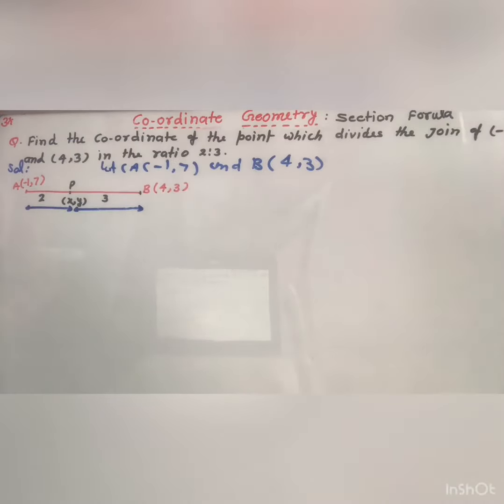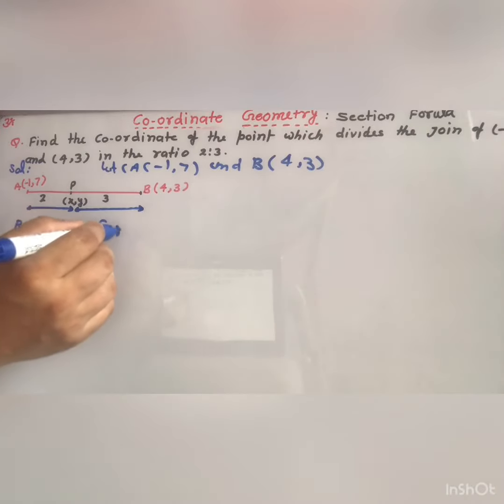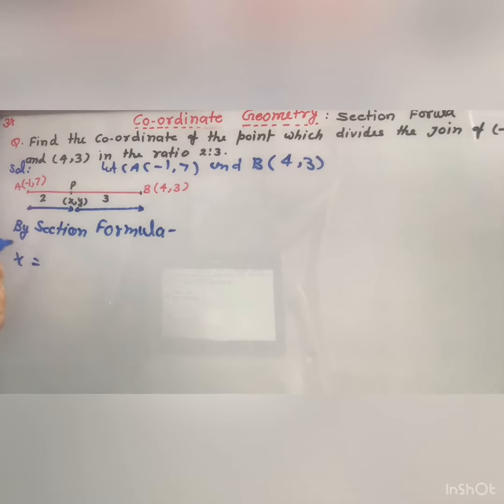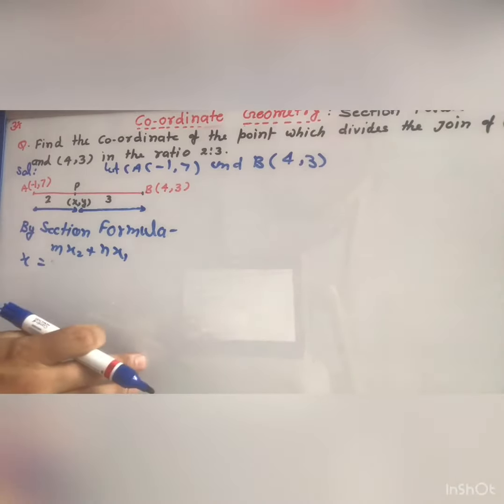Now you know the section formula. What is the section formula? By section formula, x equals mx2 plus nx1 divided by m plus n.